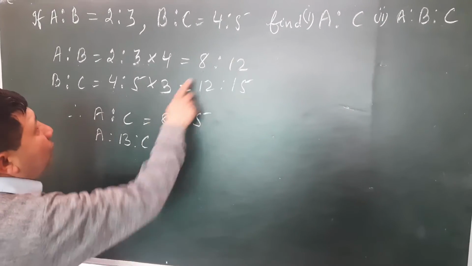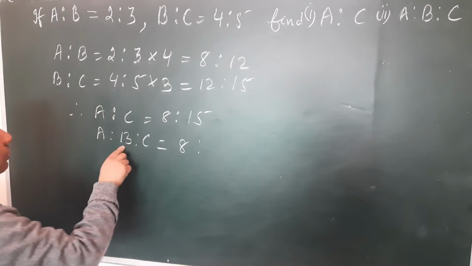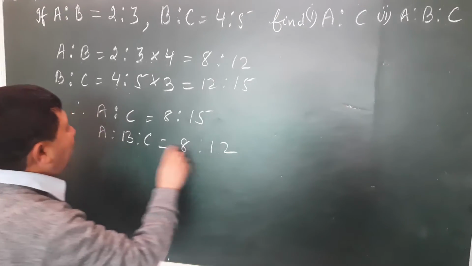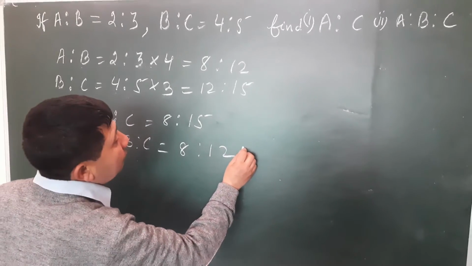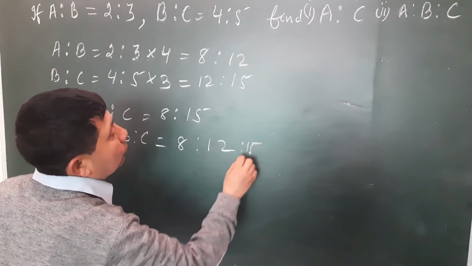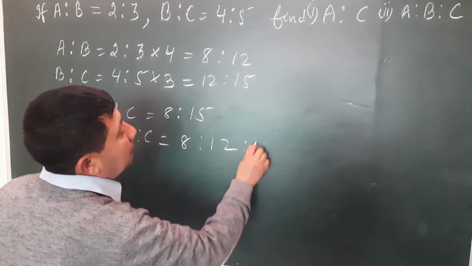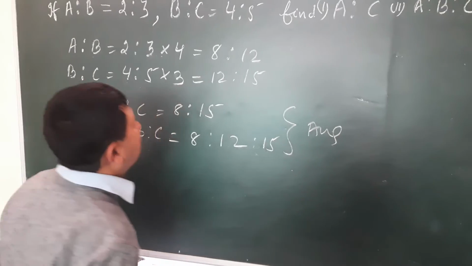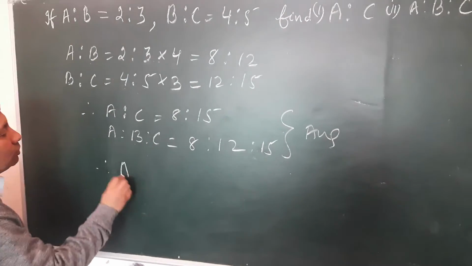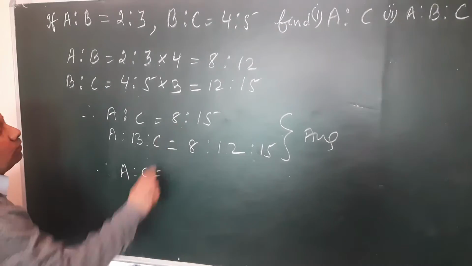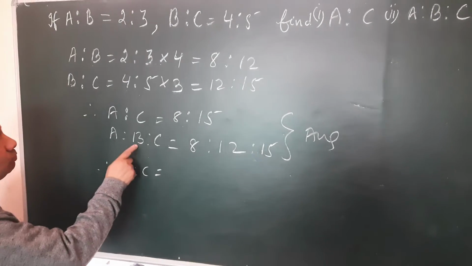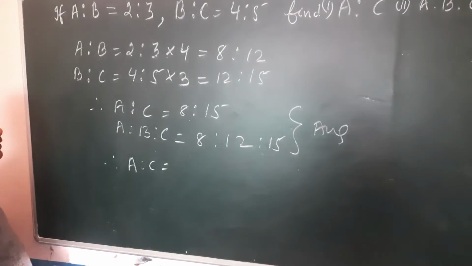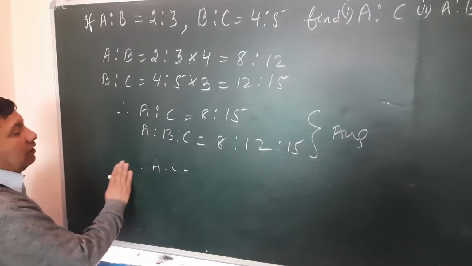You have to write down for A 8, for B 12, and next C is 15. So these are your answer. So therefore A is to C is equal to 8 upon 15, and A is to B is to C is equal to 8 is to 12 is to 15, answer.